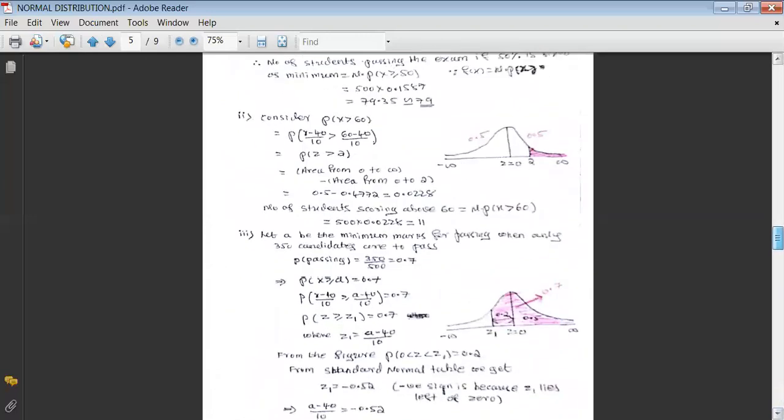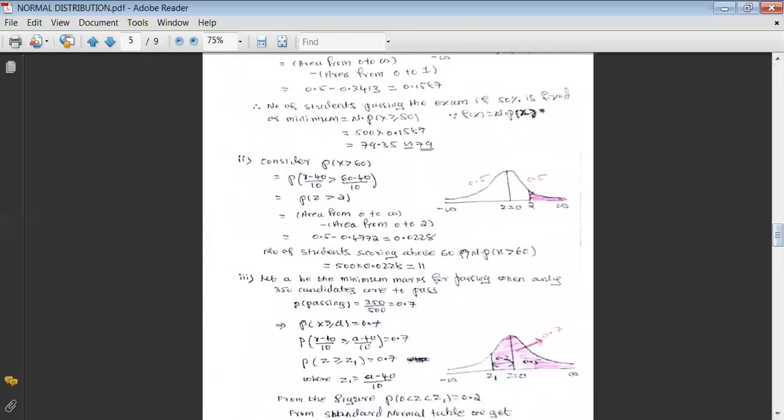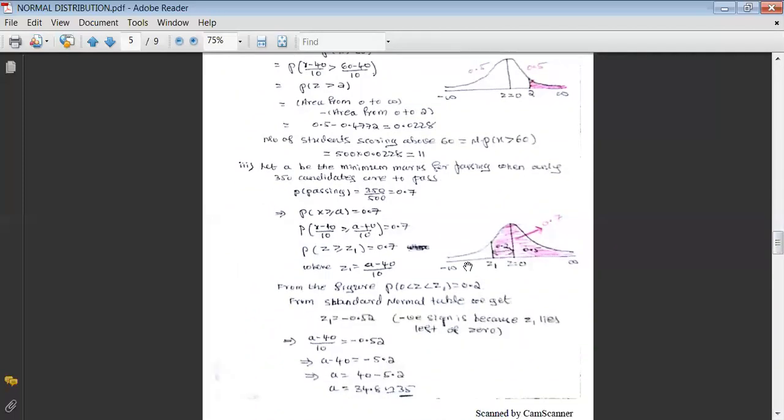So 0.5 minus this is 0.0228. Therefore, the number of students scoring above 60 is capital N, that is 500, into the corresponding probability 0.0228. The product is approximately 11. That means out of 500 students, we may expect 11 students to score above 60 marks.